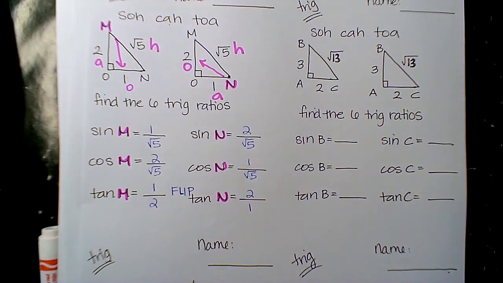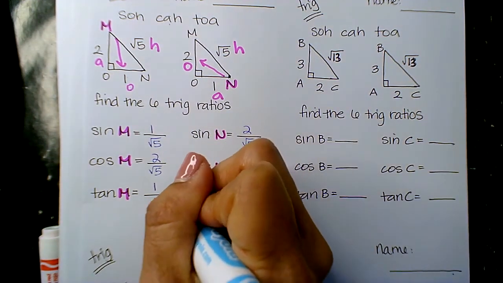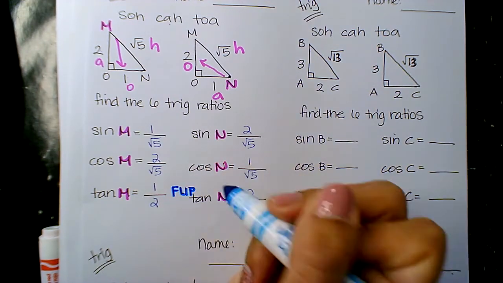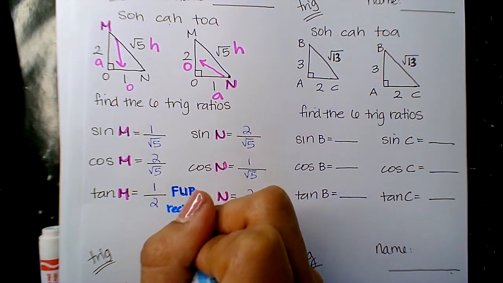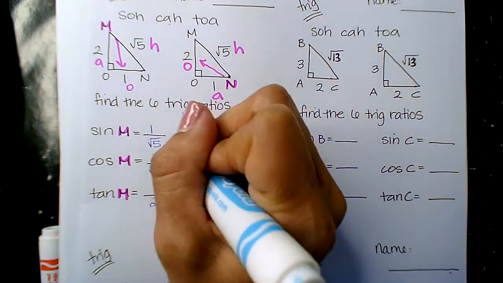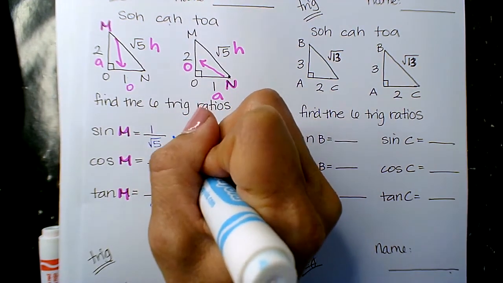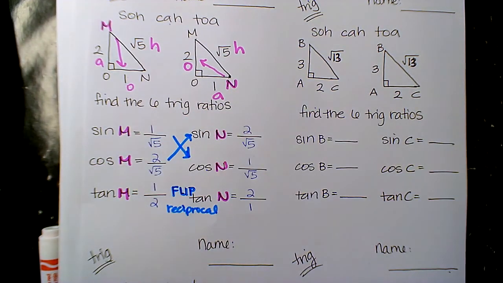Yeah, okay, so he got it right. So the tangents are flipped or reciprocal of each other. And what Matt is saying, these two are switched. Because what essentially happened, once we focused on the other acute angle, the opposite and the adjacent switched.